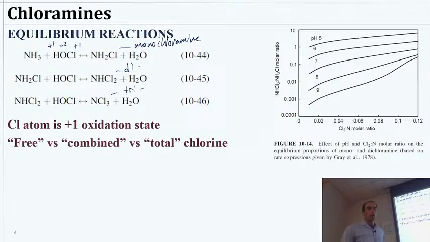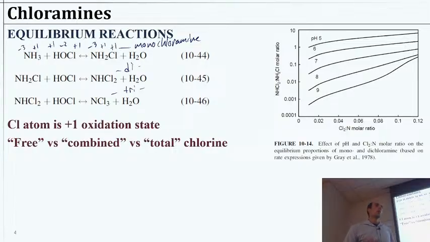If we look at ammonia, each of these, the 3 protons is +1 each. So that means that nitrogen has to be a 3-. So if we then look at what's showing up over here on the right, essentially we're going to leave the nitrogen as a -3, each of these as a +1, and the chlorine as a +1.